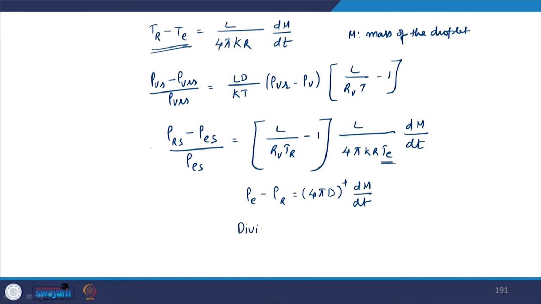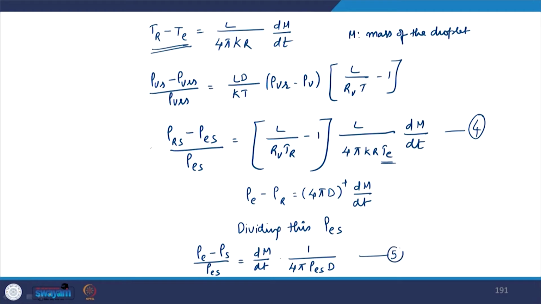Dividing this expression with rho_es, we will get (rho_e - rho_s) divided by rho_es is equal to dm/dt into 1 by 4 pi rho_es D. Let us say we call this equation as 4, and we call this equation as 5. Okay. So, this is 4 and this is 5.